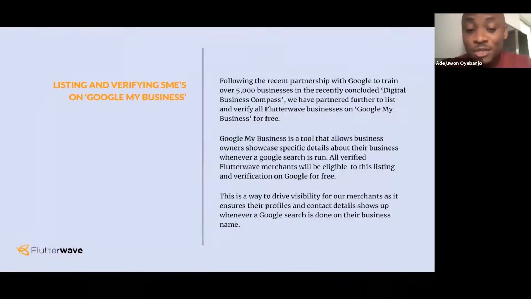Google My Business allows businesses to showcase their products and services for free, so that whenever a Google search is done on your business name, it shows some basic details about your business, like services that you offer, the address, the opening and closing hours, your web address. You're even allowed to put up pictures of the location, and your phone numbers.